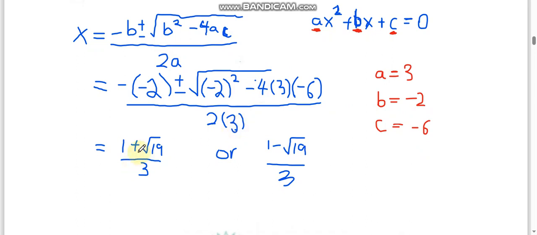So I assume you guys have a calculator. You use a calculator. It's either you find the top part first and then the bottom part and then combine it, but it is easier to just put the whole thing inside of the calculator. So instead of putting the part in the square root in the calculator, then coming to add this one and then coming to do the bottom one, that is going to consume a lot of time.